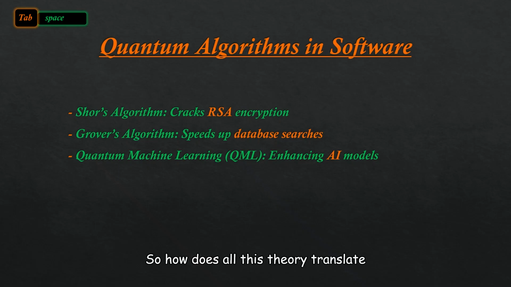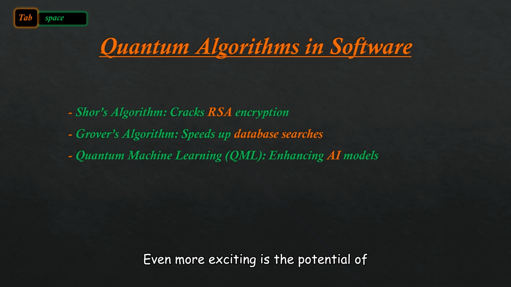So, how does all this theory translate into actual software? Enter quantum algorithms. Shor's algorithm, developed in the 1990s, made headlines by showing that quantum computers could break RSA encryption, a foundation of online security. That was a wake up call. Then there's Grover's algorithm, which can search unsorted databases in far fewer steps than classical search methods, a massive improvement in efficiency.